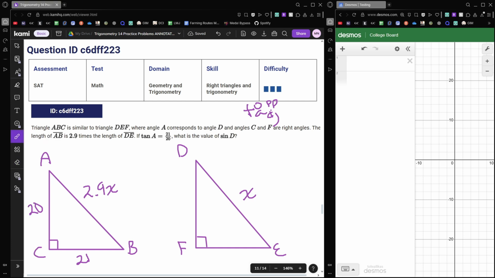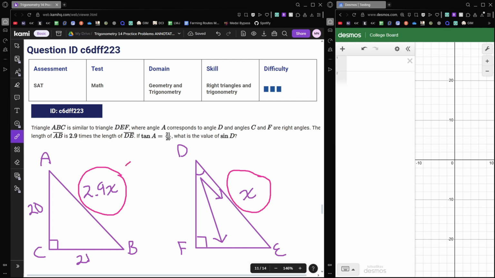So in SOHCAHTOA, sine is SOH, which is opposite over hypotenuse. So here's angle D, and we want to find out what the opposite side is and what the hypotenuse is. Here we have two similar triangles, and in similar triangles, corresponding sides are proportional. So what that means is that to go from this hypotenuse in the left triangle to this hypotenuse in the right triangle, they multiplied by a certain number.